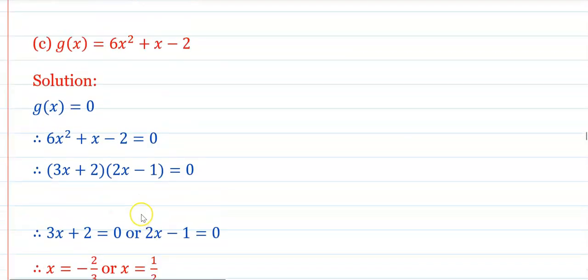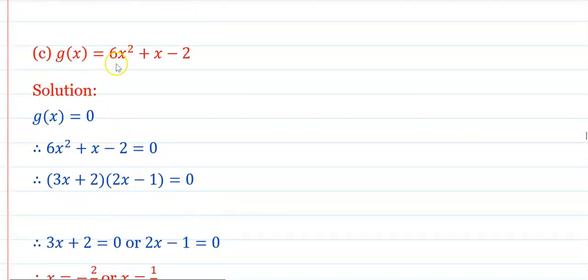Okay, next question. g of x is equals to 6x square plus x minus 2. Again g of x is equals to 0. Quadratic equation आहे. And दोघांचं multiplication किती येणार, that is minus 12x square. Then what are the factors? The factors are 4x minus 3x.